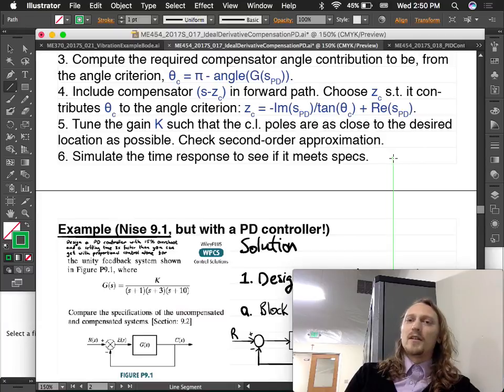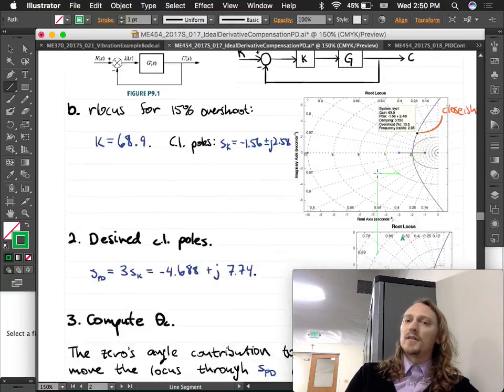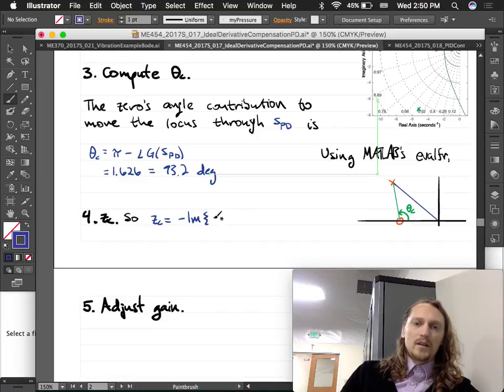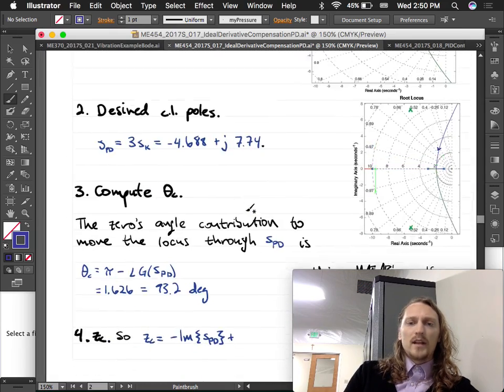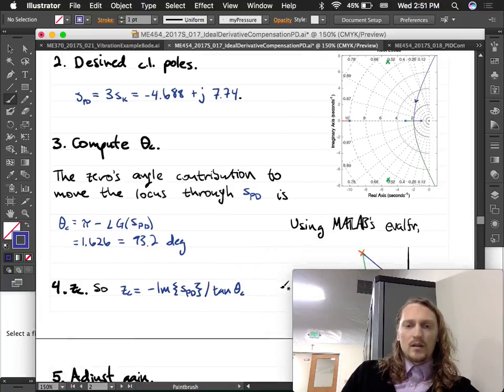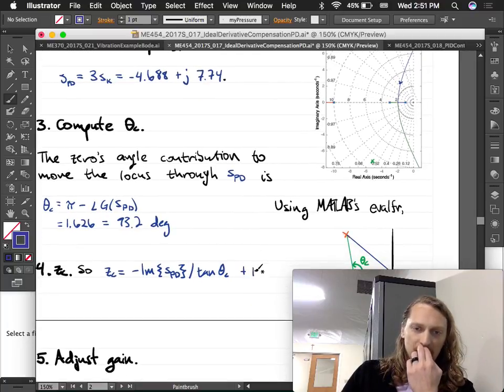So using the imaginary and real parts of the design point and the tangent of theta c, which are all known things, we can say that ZC is equal to negative the imaginary part of the design point, SPD, divided by tangent theta c, plus the real part of SPD.